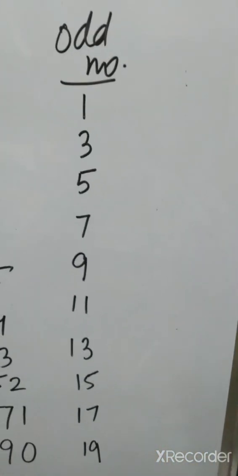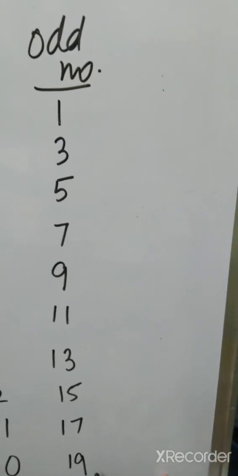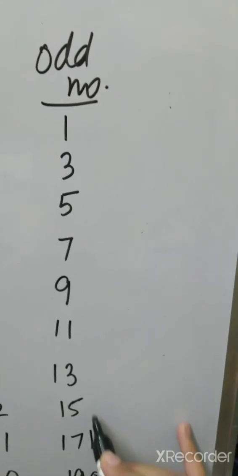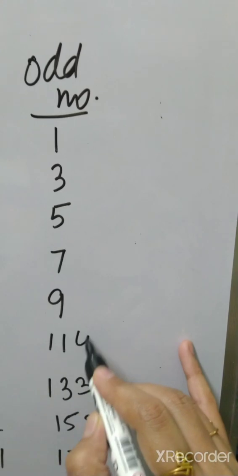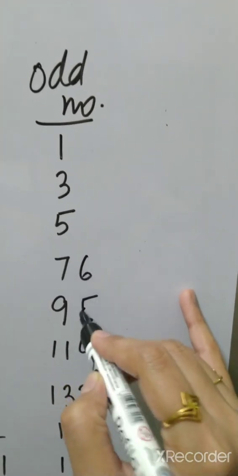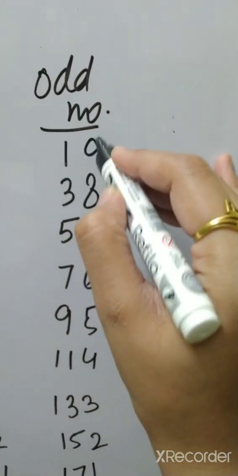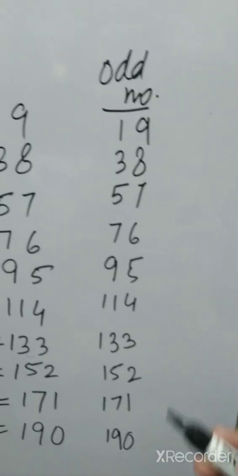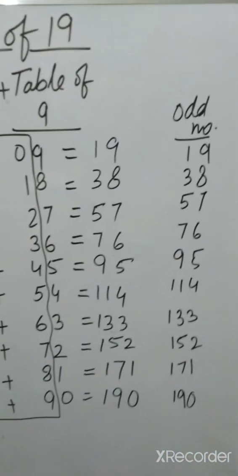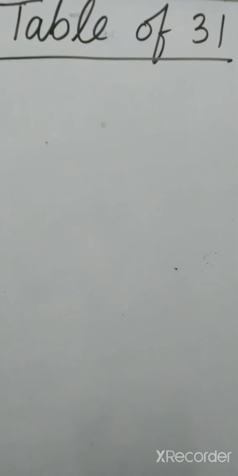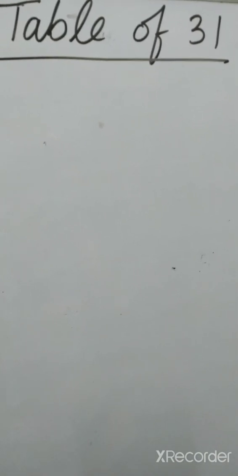And then simple counting starting with 0. Here from the bottom 0, 1, 2, 3, 4, 5, 6, 7, 8 and 9. So this is the table of 19. See, you can see it. It is same. Students, with this method you can write the table of any big number.